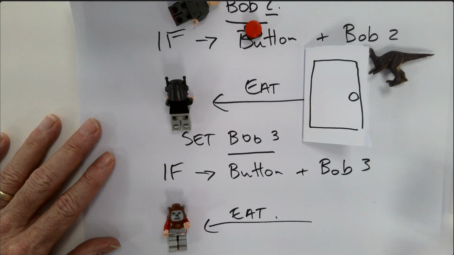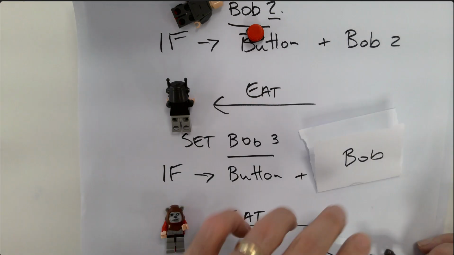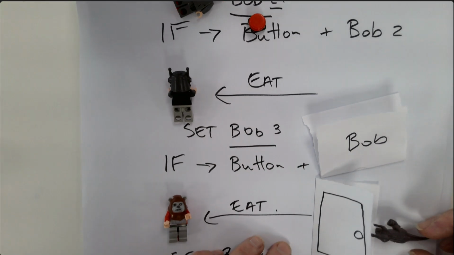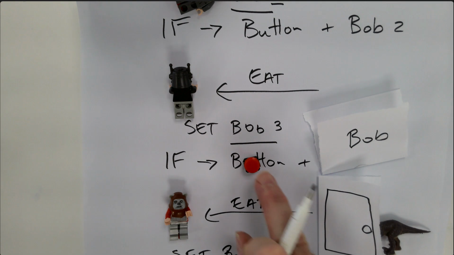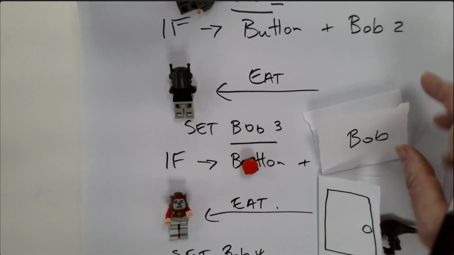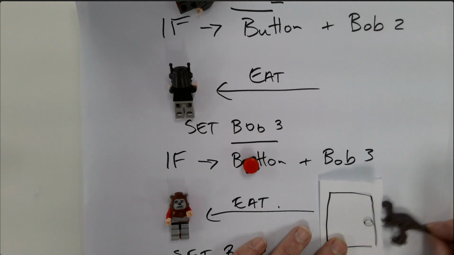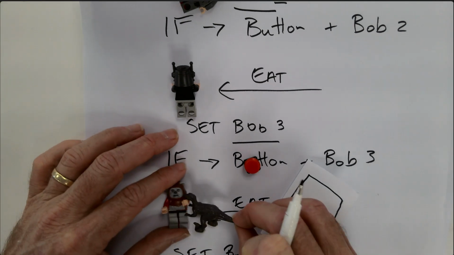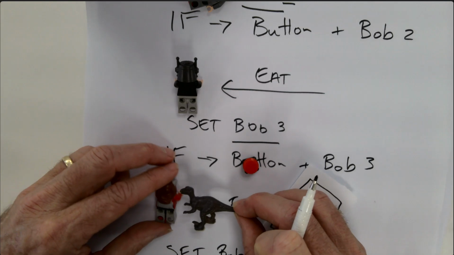All right, let's go to the next one. What happens now? No conditions are being met at the moment. The dinosaur's behind his door, and if the button's pressed, that's the condition. We'll check what's in Bob. Bob has number 3 in him, the door's open, and in comes the dinosaur, eats this Ewok from Star Wars.